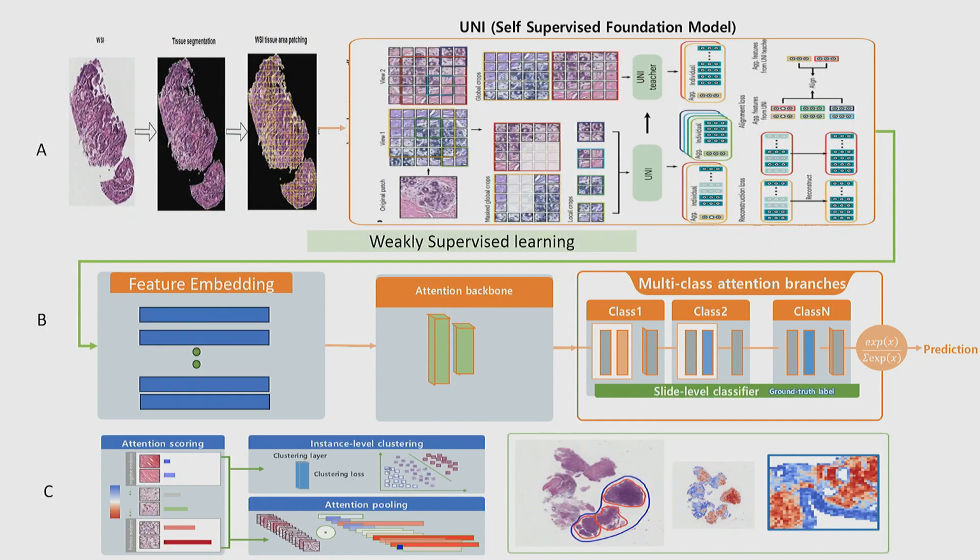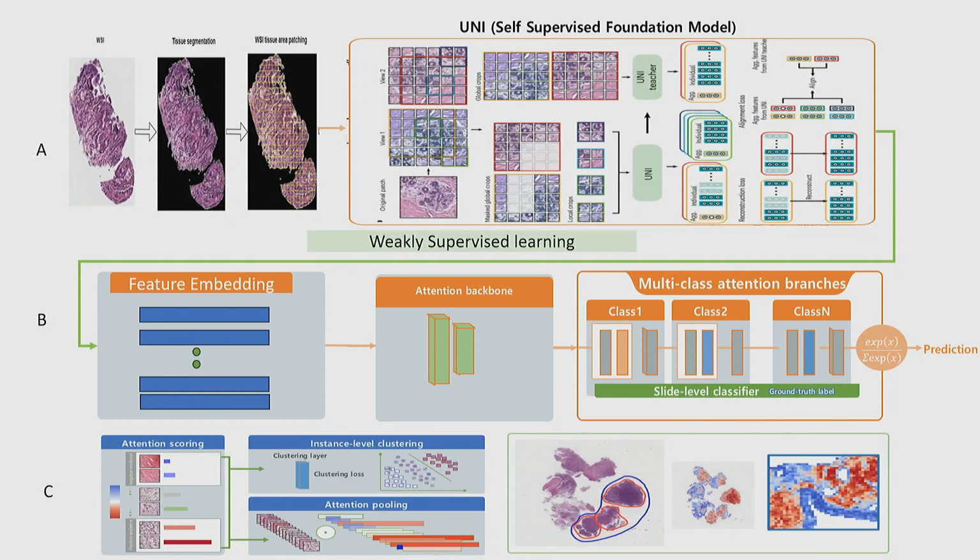After that, we applied some pre-processing, for example, conversion of color space from RGB to HSV, and also we did some smoothing of contours and removed artifacts from the data, and we made patches of the whole slide images of 256 by 256.